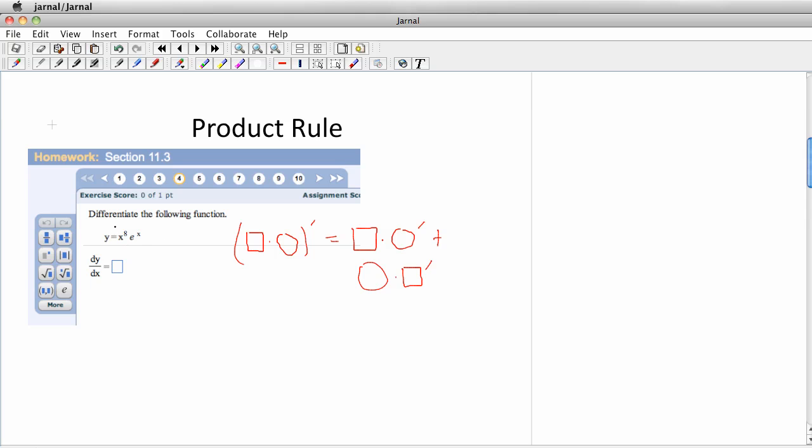So in this problem, the x to the 8th is what I have my box around. The e to the x is what I have my circle around. And so according to this rule, the derivative should be the first thing, the thing that's in the box, times the derivative of the thing in the circle.